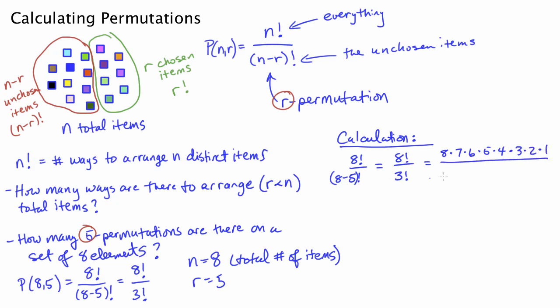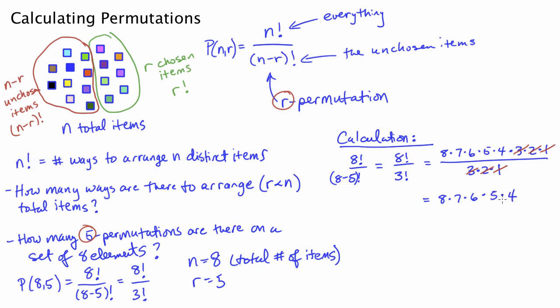And then in the bottom, 3 factorial is 3 times 2 times 1. What we immediately notice is that the 3, 2, and 1 are on both the top and the bottom, so we can leave those crossed out. And that leaves us with 8, 7, 6, 5, 4.